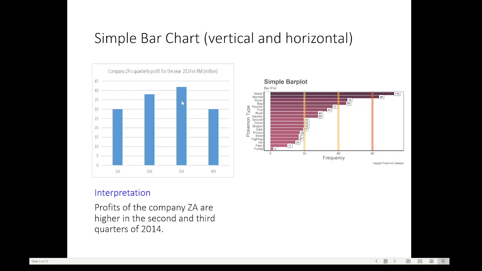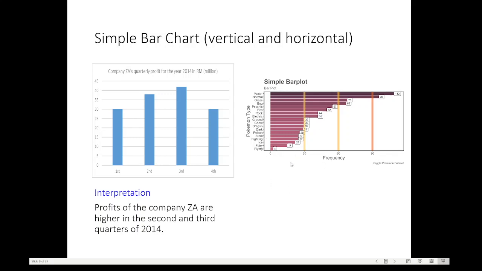Before, the height represented the frequency, but now the length represents the frequency, and you can sort it. Basically, looking at this simple bar plot, you can see that the Pokemon type water is the most frequent. I don't know about the Pokemon data, so we just look at it based on this.